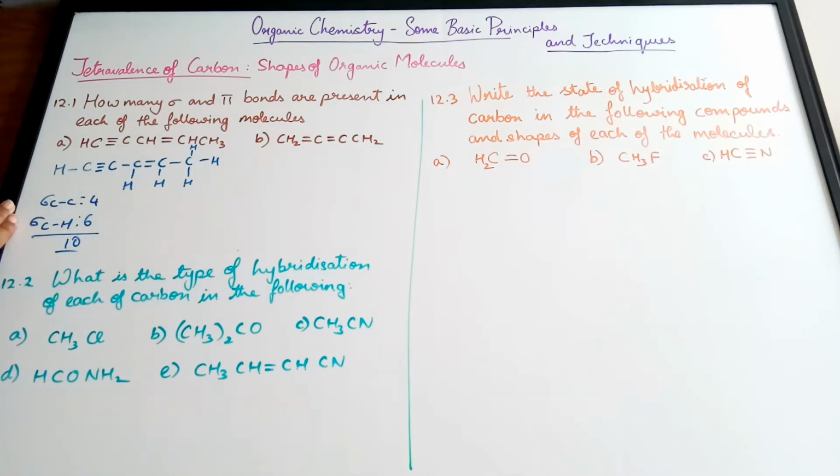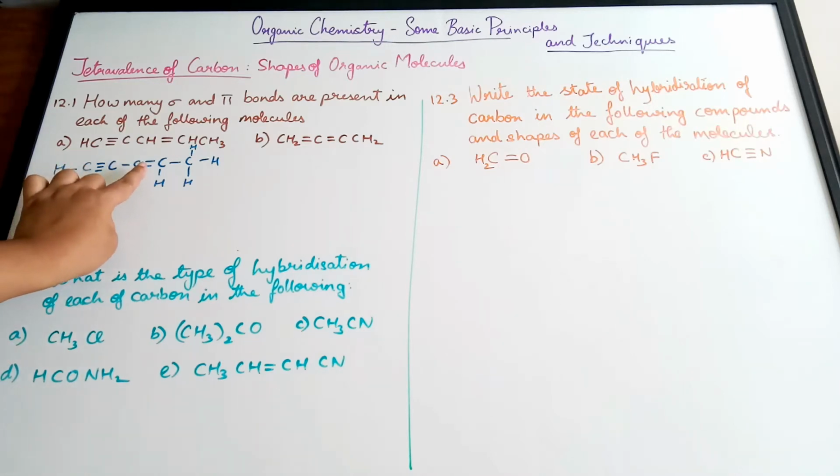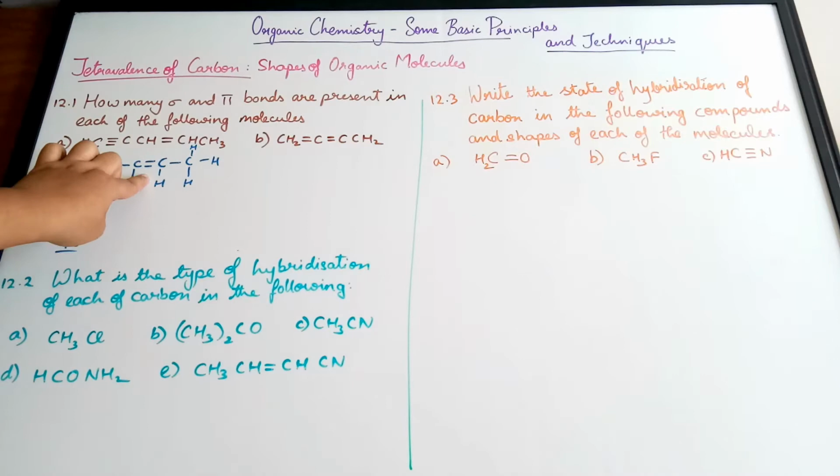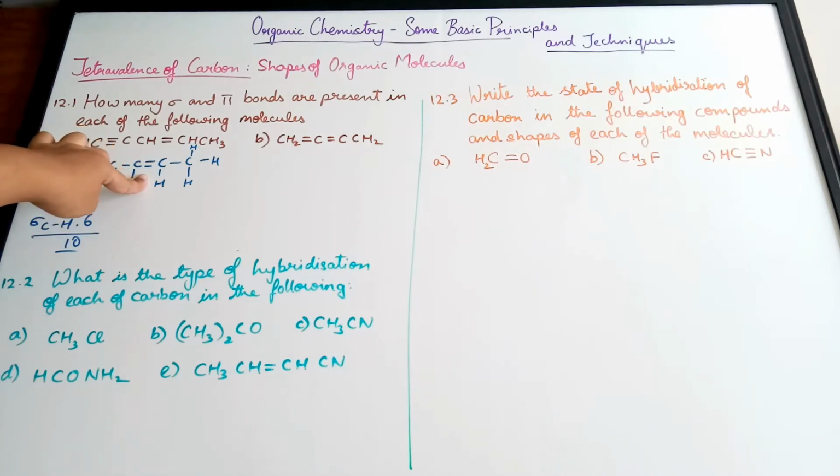Okay, the next are the pi bonds. So you have a double bond here and you have a triple bond here. In a triple bond, you have 2 pi bonds, whereas in a double bond, you have only 1 pi bond.